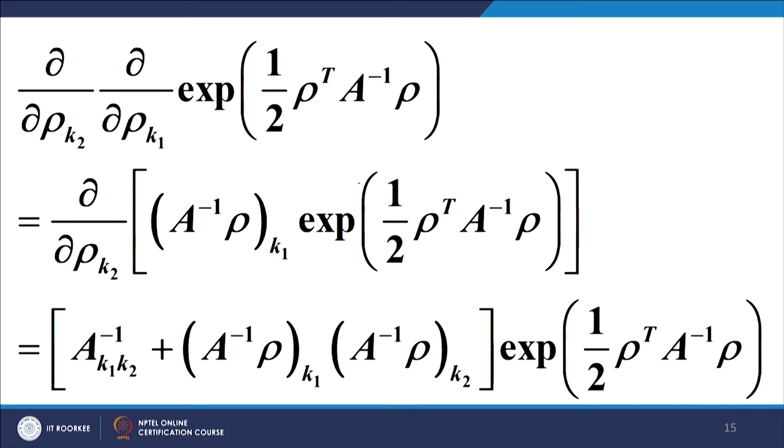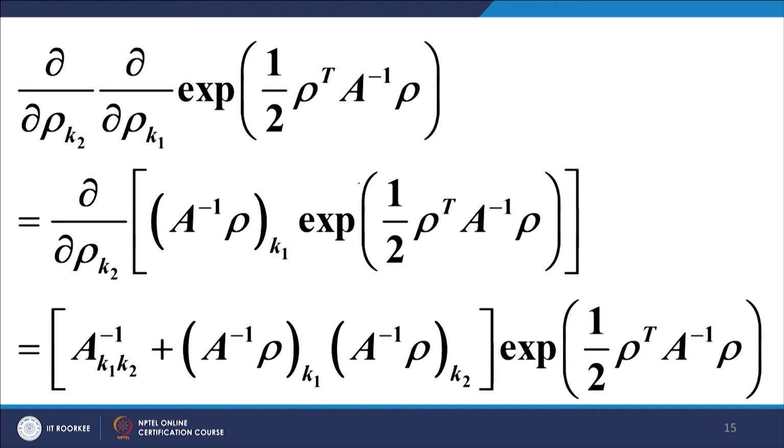When this is differentiated with respect to k1, I get this. When this is differentiated with respect to k2, I get this. But when this is differentiated with respect to k2, I get these coefficients. Now, these coefficients are independent of rho. Please note this point. These coefficients are independent of rho.